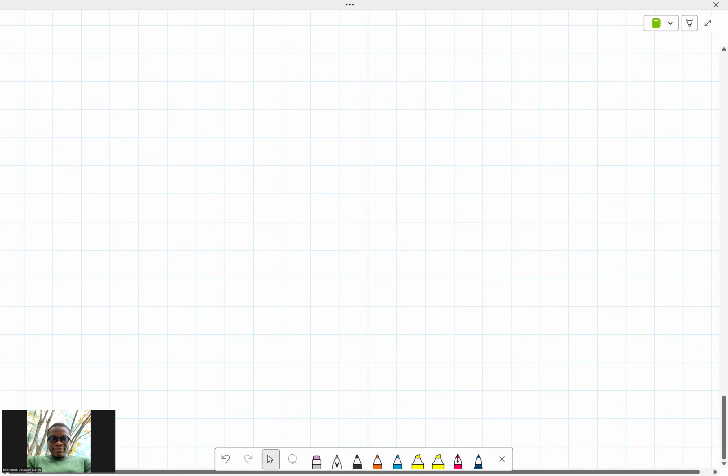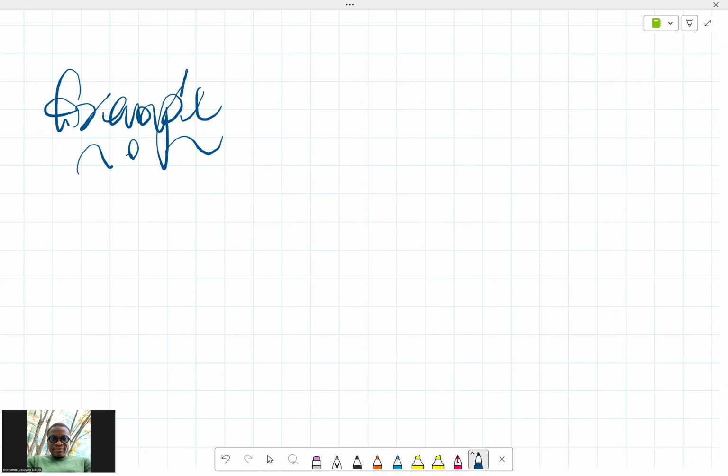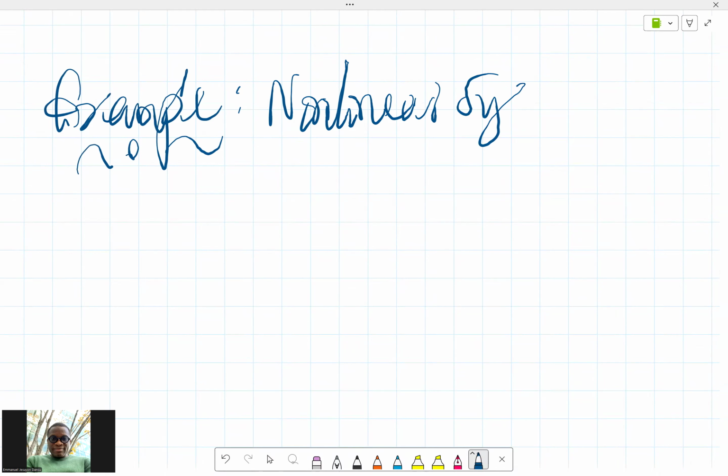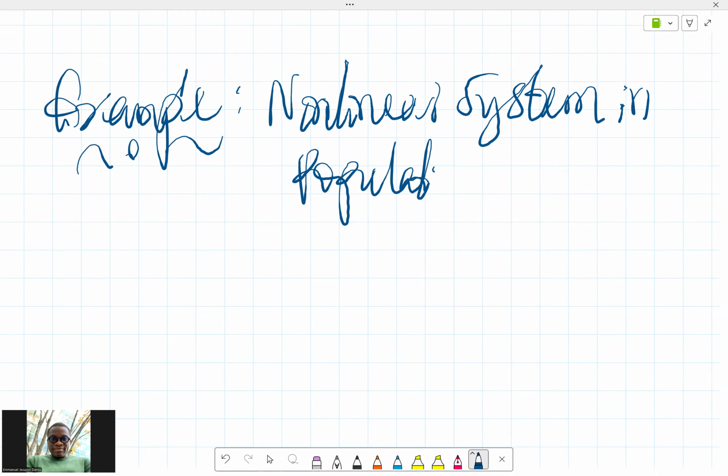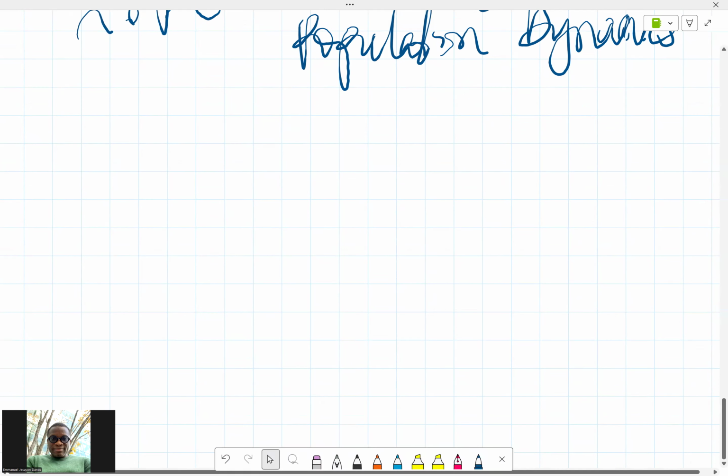So let's see an example involving a nonlinear system in population dynamics. My research area is population dynamics overall, so I really love doing work in this regard. That's where you talk about ecology, epidemiology, and even social systems.